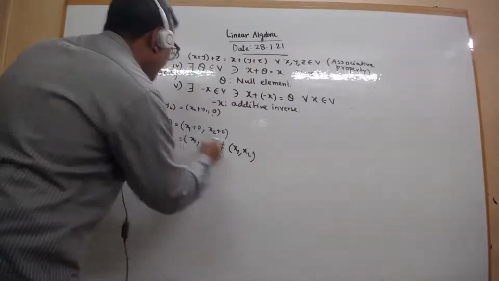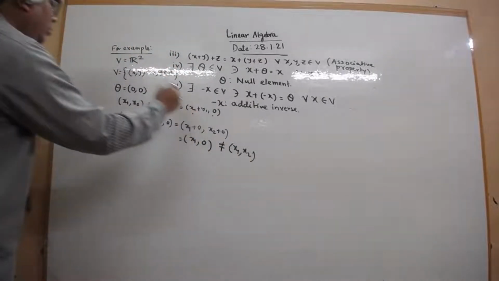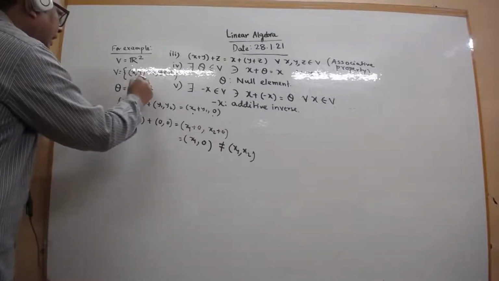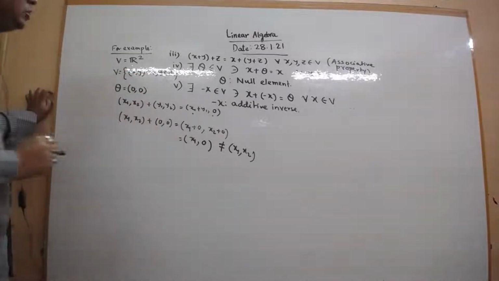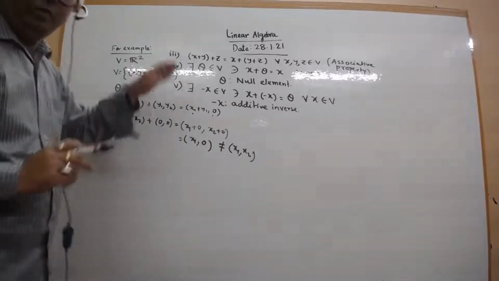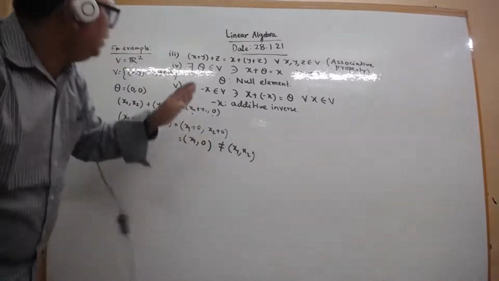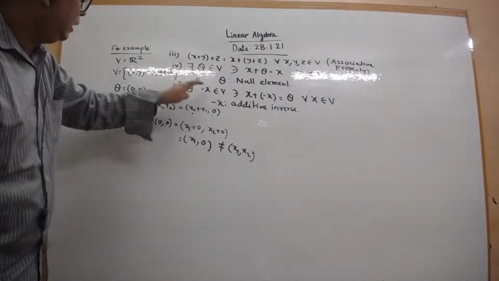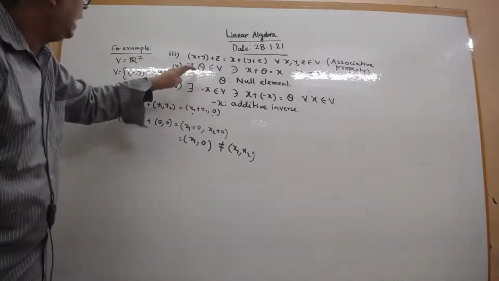So if you define your addition as follows, then in that situation the null element does not exist. So for a vector space, there is a null element in V.